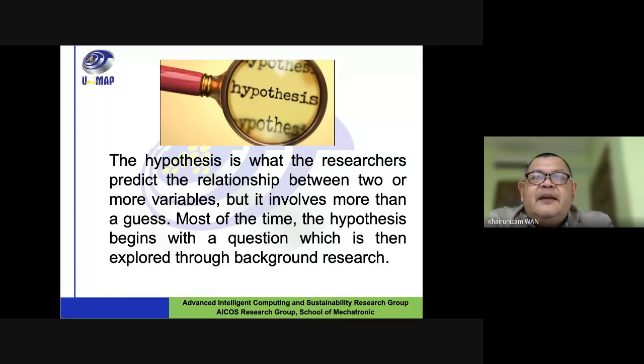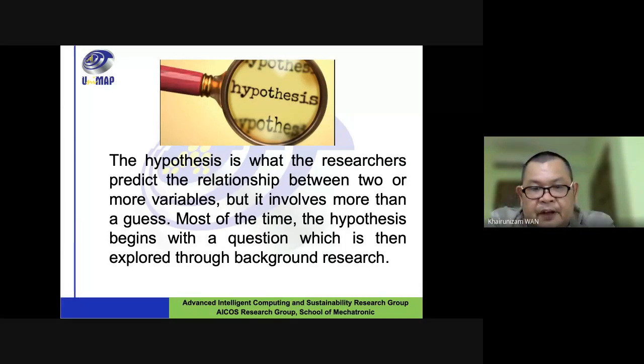Most of the time, the hypothesis begins with a question which is then explored through background research. So this is a definition. We will see later, one by one, what the steps in the hypothesis are.